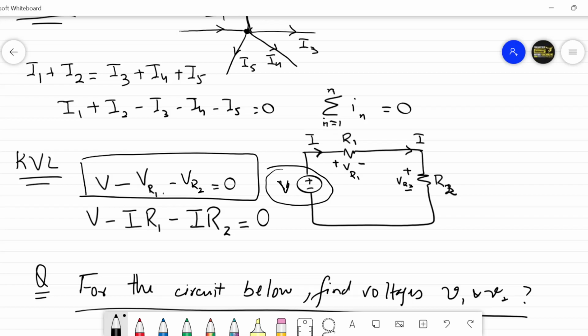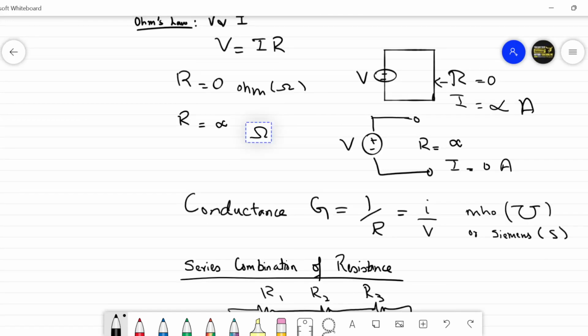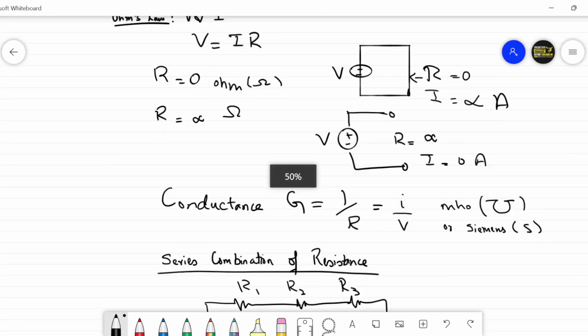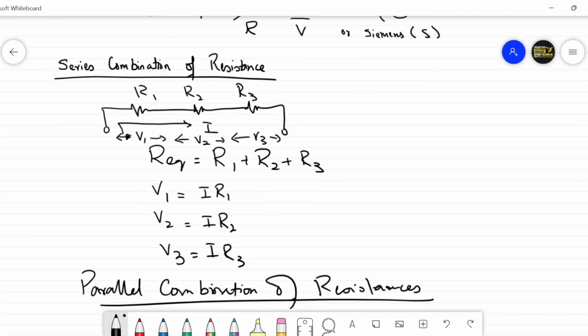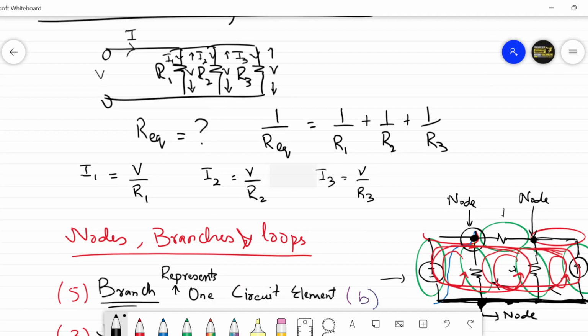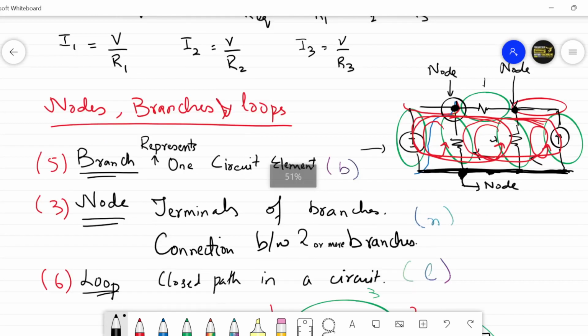Proof I am not giving, but I can tell you this thing. There are two laws on which these are based. KCL is based upon the law of conservation of charge. Charge has to remain conserved, the amount of charge will remain constant.